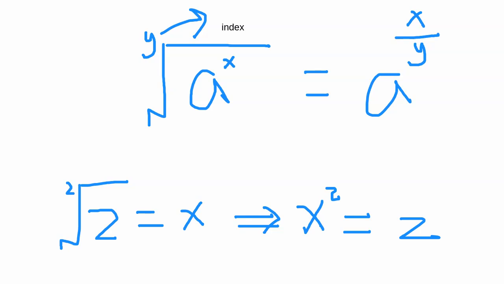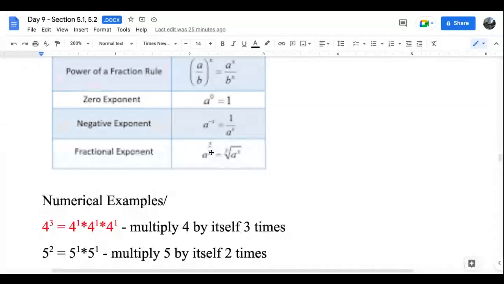So x equals square root 2 means x squared is 2. All right, now let's go back to our textbook. So the last one: the denominator in the fractional exponent is the index, because the numerator is the power.